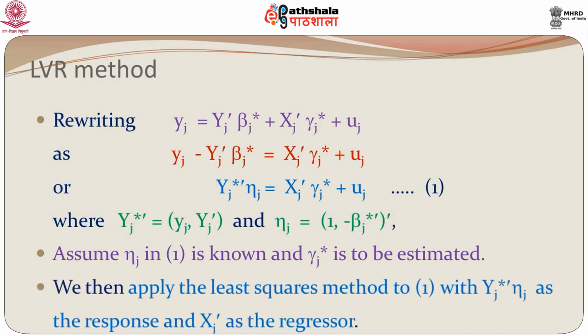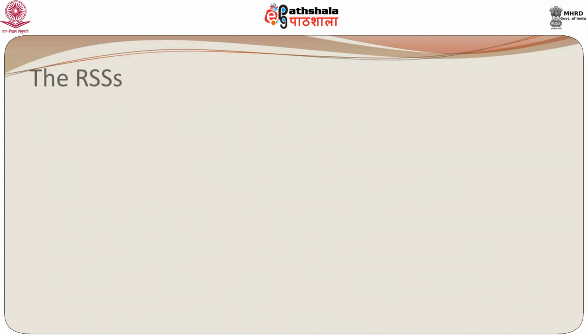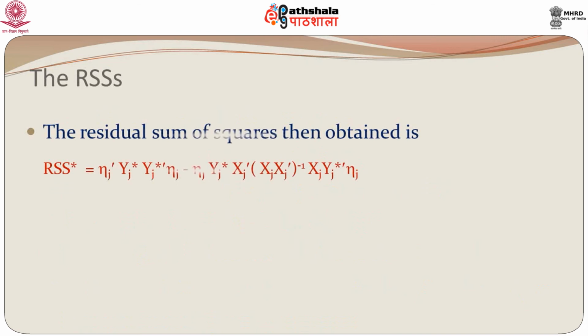Applying least squares to 1, we get the least squares estimators, and from that we can calculate the residual sum of squares. The RSS now comes out in terms of the eta j's, mind you, we are assuming eta j is known for the time being, and the RSS comes out as before, which is usually y prime y minus y prime x, x prime x inverse, x prime y, which in our terms would come out to be this.